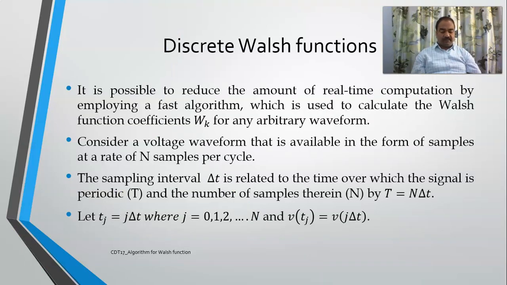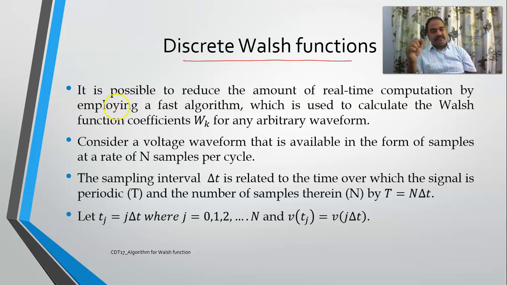Now, how to apply this for determining Walsh coefficients? Your job now is to develop a framework, a step-by-step procedure, to determine the Walsh coefficients. So first of all, the discrete Walsh functions. Most of the time, our signals may not be continuously fed. We will be using sample and hold circuits, and some sort of multiplexers.